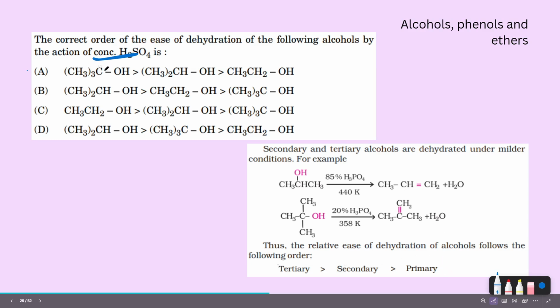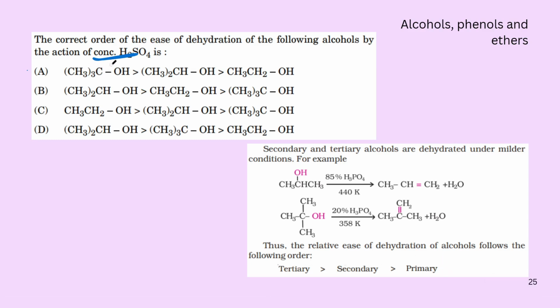So this is a tertiary alcohol, this is secondary, and this is primary, and because of that, this is option A. In this one, the order is slightly switched: here you have a secondary, and then primary, and then the tertiary. So because of that, option A is the right one.